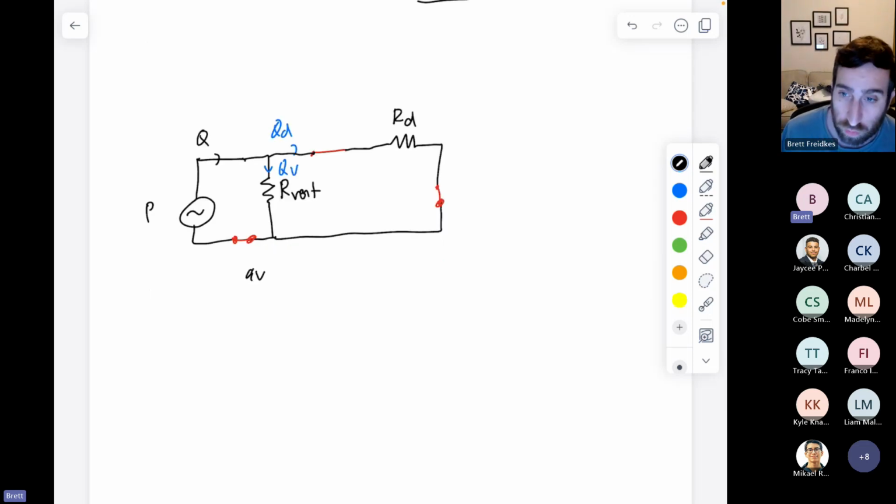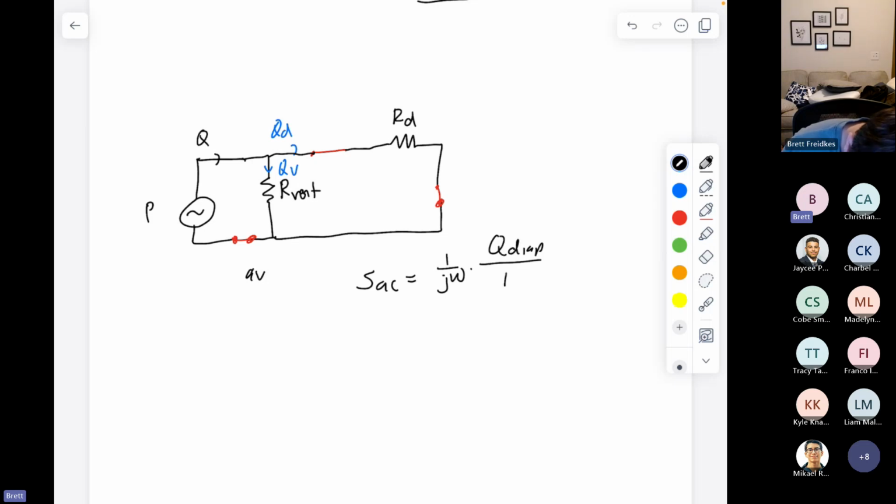If we were to look at what the sensitivity is, we know that the acoustic sensitivity is 1 over j omega times Q of the diaphragm over P. If you think about the fact that the effort drop across this resistor is P, we just have an Ohm's law type of thing.